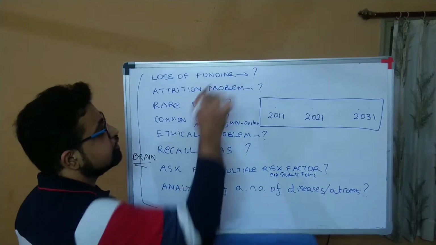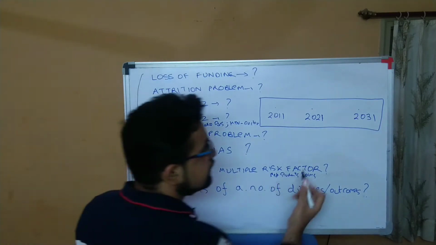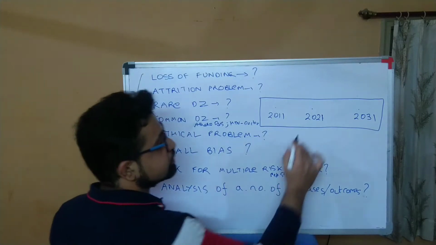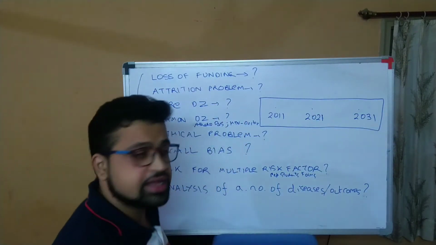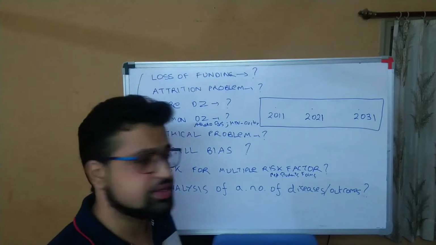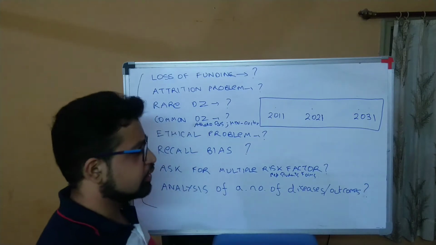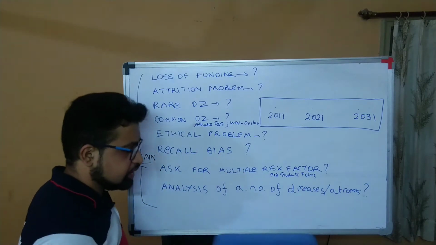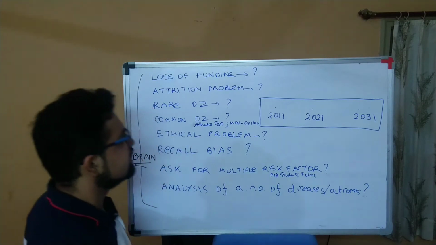You would get the loss of funding problem, or the need for more funding, in cohort, because in the study we took, you are studying from 2021 to 2031: serial CT scans, serial physical examinations, serial checks, X-rays for 10 long years, crores of rupees. You are going to pay physicians and radiologists, call them, transportation, everything, for 10 long years.